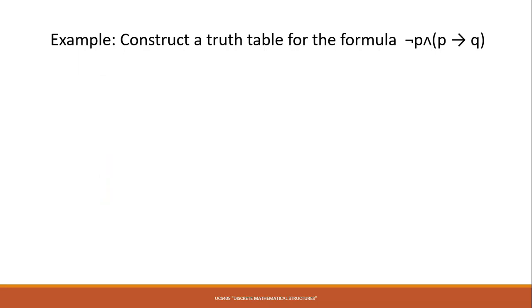Let us take another example. We have to construct a truth table for this, negation P and P implies Q. So we have two variables P and Q. A total of 4 possible combinations are there. We will write all 4 possible combinations. First, we will find negation P, which will be the opposite of P, that is false, false, true, true.